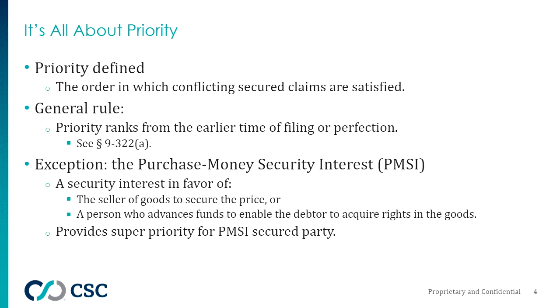What a purchase money security interest does is give the purchase money secured party a super priority in the goods that they enable the debtor to acquire. So they get to jump to the head of the line with respect to those goods. And it's a way of encouraging investment in companies and investment through lending.